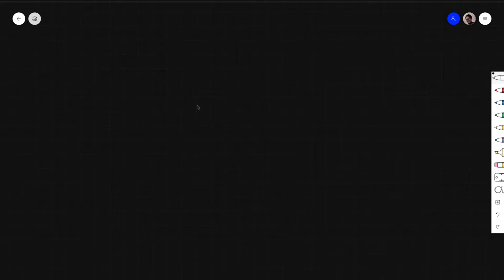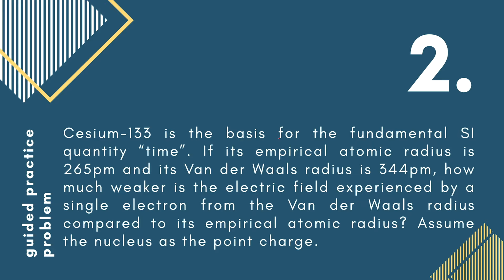So first let's determine our given. Since we have two equations for electric field, we're going to use the one that uses Coulomb's law, that's kq over r squared. Since we have two distances, we're going to just subtract them.